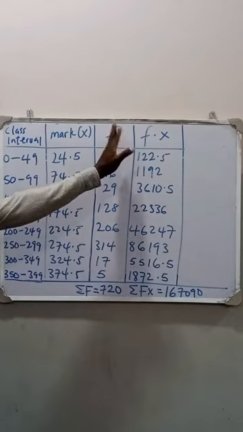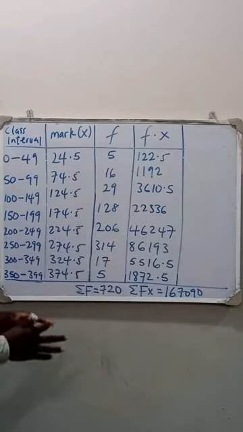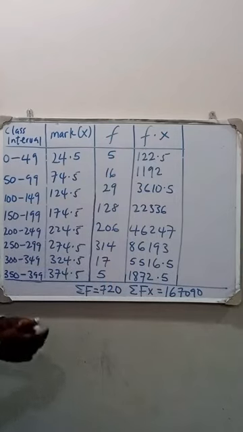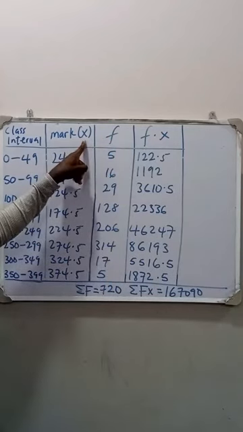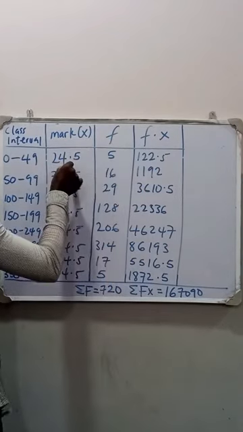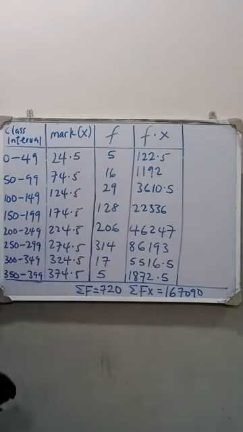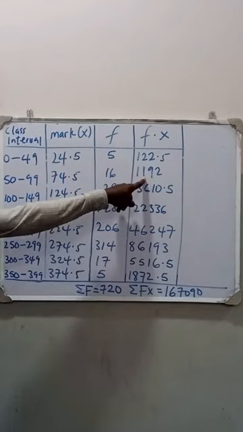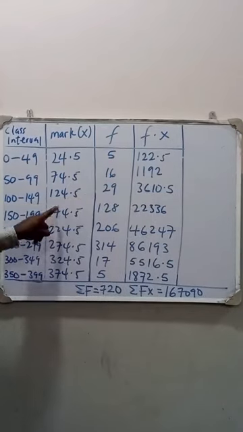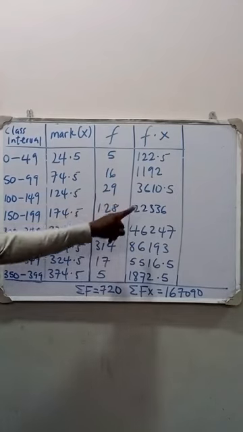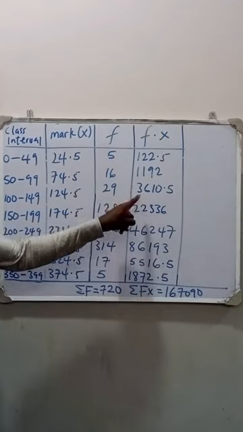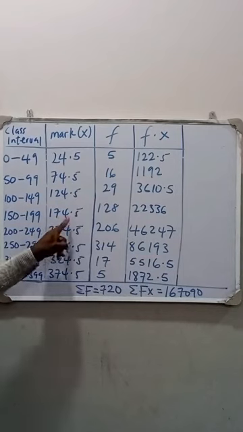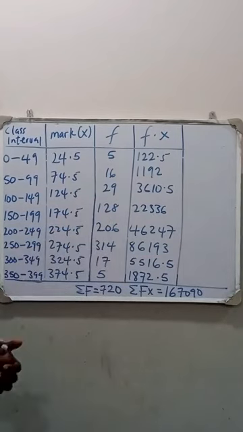And also the frequency is given to us already, so we prepare another column in which we multiply that frequency with the marks that we've gotten before. That is 5 multiplying 24.5. This will give us 122.5. 74.5 multiplying 16 gives us 1,192. 124.5 multiplying 29 gives us 3,610.5. 174.5 multiplying 128 gives us 22,336.